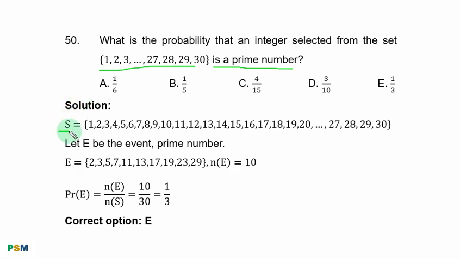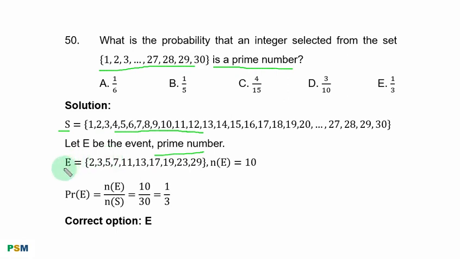You list all the numbers from 1 to 30 in this form. From this set, we are interested in prime numbers. So we define an event E to be prime number.